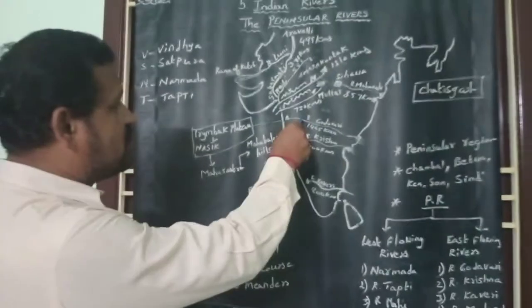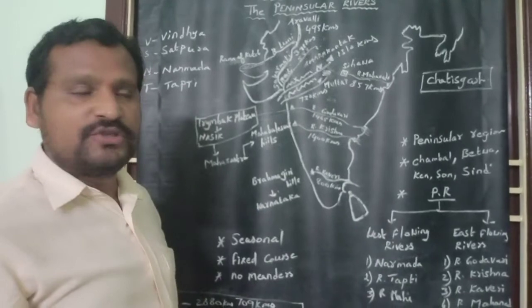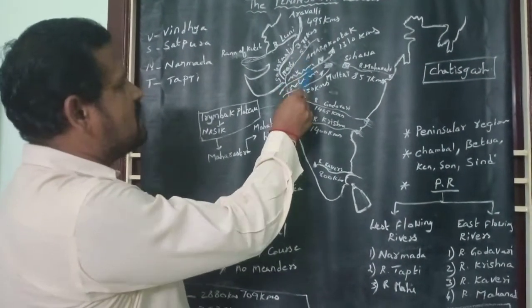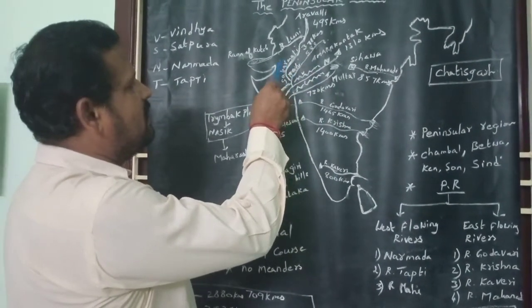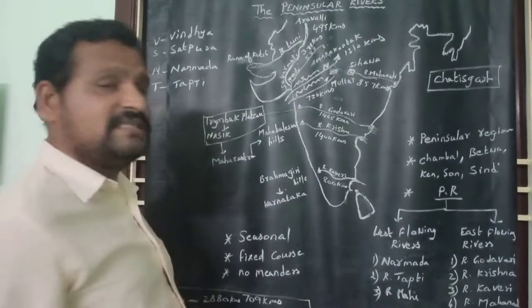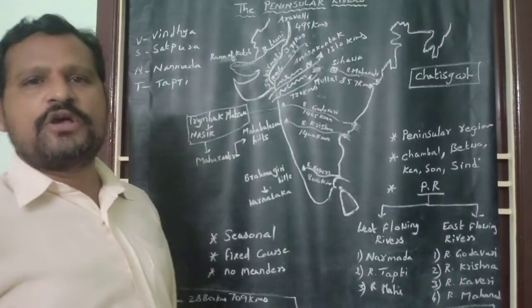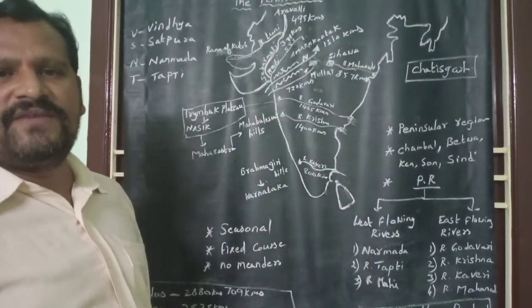Some of the peninsular rivers like Narmada, Tapati, Mahi and Sabarmati discharge in the Arabian Sea. These rivers are called west flowing rivers.